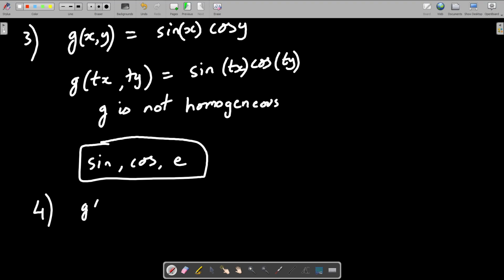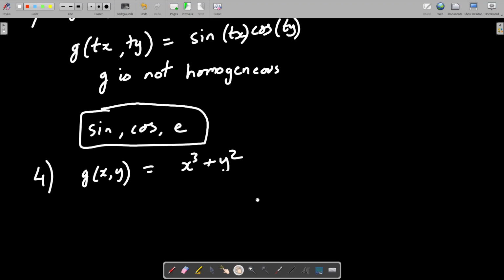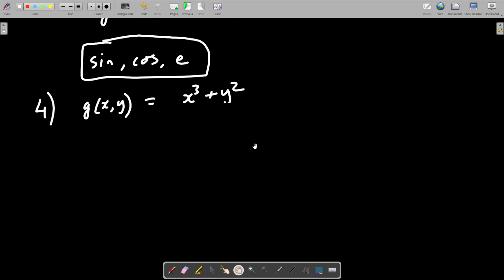g of x y is going to be equal to x cube plus y square. So now what will be g of t x, t y?